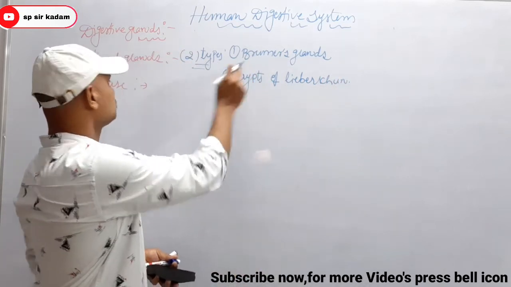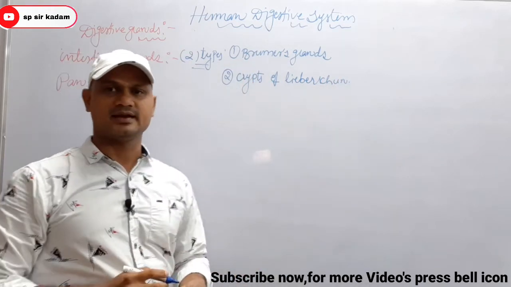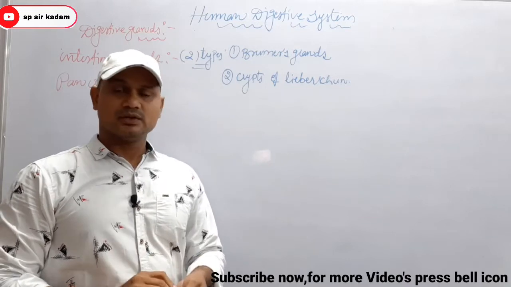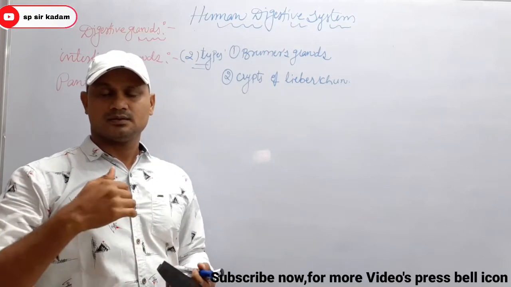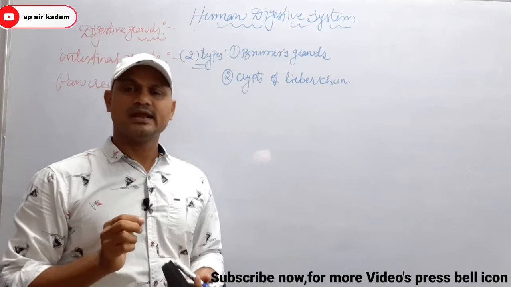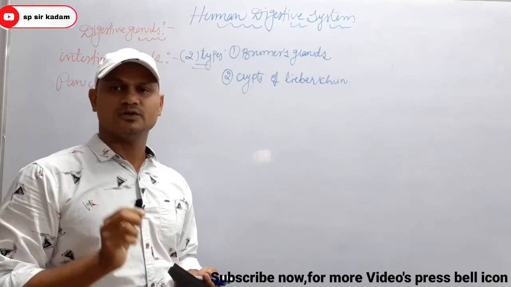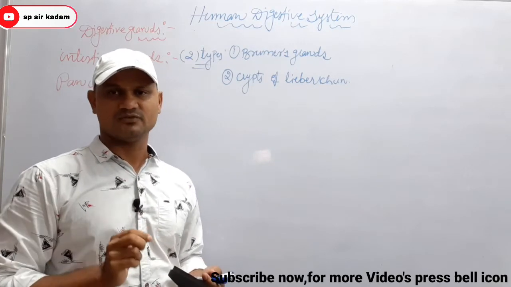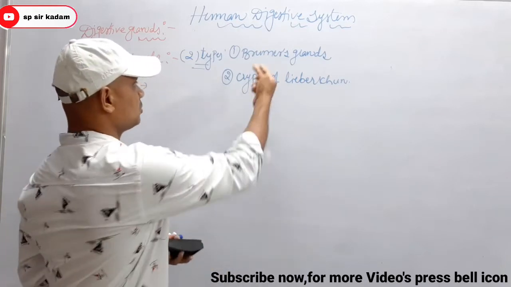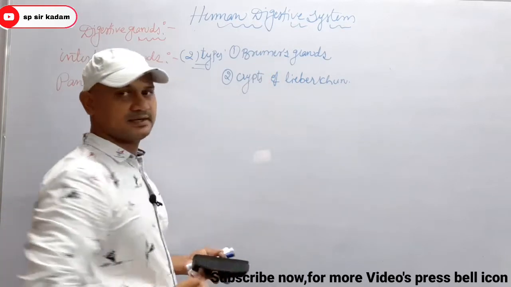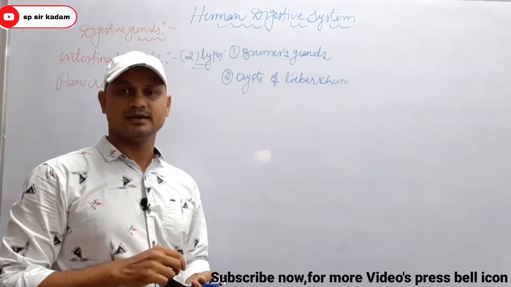So these are the two types of intestinal glands. Okay. In that, I told that one point, few glands are associated to gut and few glands are present in the walls of alimentary canal. So these two glands are present in the walls of alimentary canal.